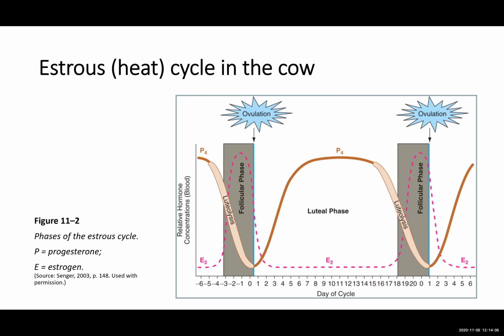It's growing and becoming stronger, so it's going to produce progesterone. The majority of the estrous cycle is dominated by the presence of progesterone, or by this luteal phase. So two phases: the follicular phase is just before ovulation, dominated by the follicles and high estrogen. The luteal phase is dominated by the corpus luteum and high amounts of progesterone.